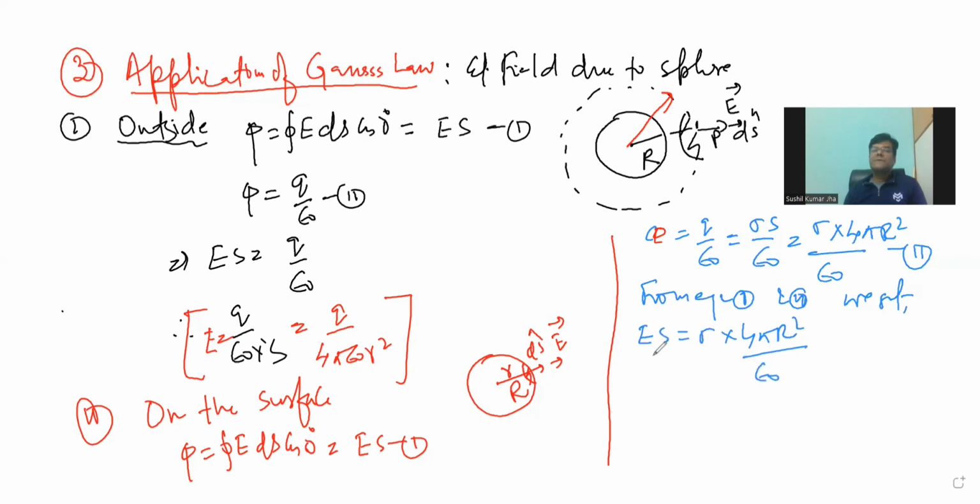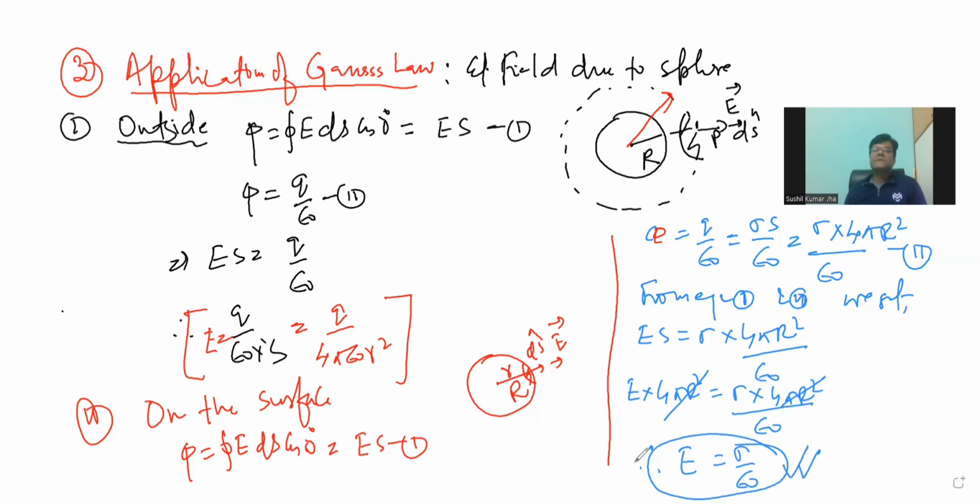Now, if we talk about this, S will also be 4 pi r square only. So E into 4 pi r square is equal to sigma into 4 pi r square divided by epsilon naught. So 4 pi r square cancels. Therefore, E is equal to sigma upon epsilon naught, which is constant field. There is no variation.